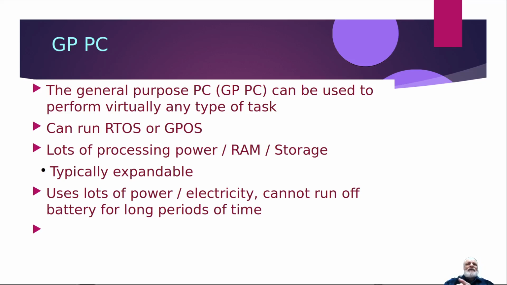And so even though they're not technically a guaranteed real-time operating system, if they're running like Windows, you have so much processing power there that a lot of times we can actually use them and do control, and it'll work fine just because it has so much processing power. It's so fast that it gets done what we need it to do.